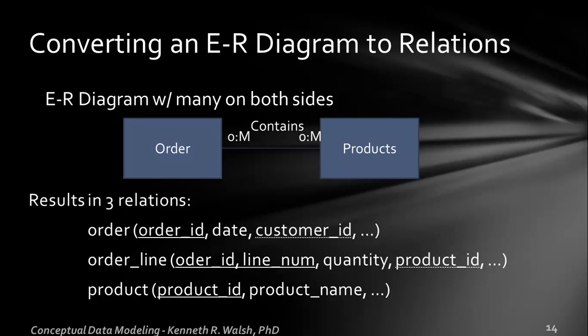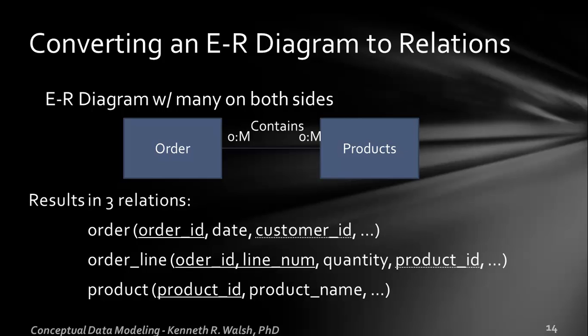But a new relation, order line, with primary key order ID and line number, has been added. And this line has the foreign key product ID. And the order ID, which is part of the primary key, is also a foreign key to the order table.